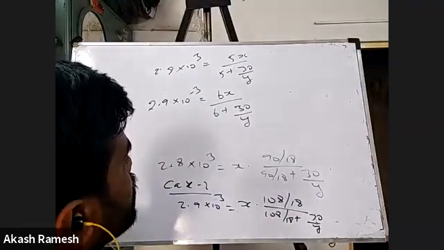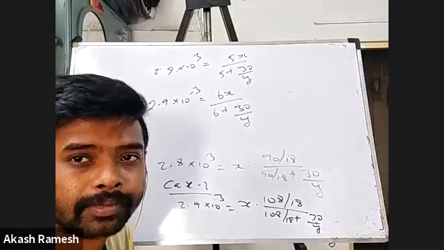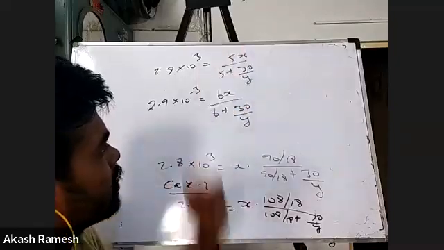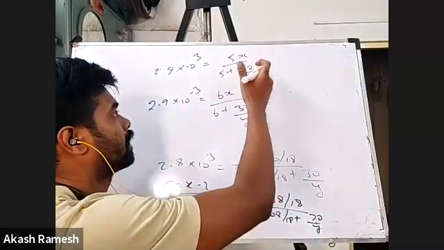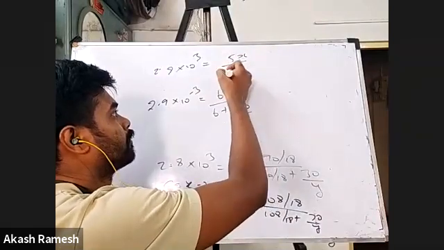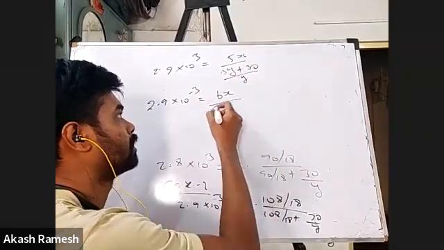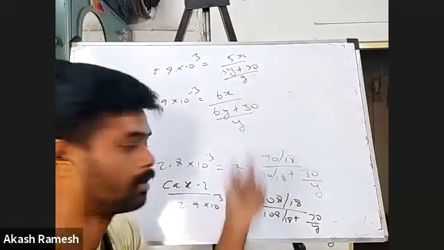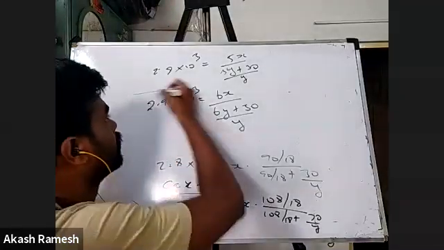So I think we can make it a little easier. Can we divide these two equations? If I divide them, X and X get cancelled. If I rewrite this term alone, it will be 5Y plus 30 divided by Y, and in this case 6Y plus 30 divided by Y. Now I'll divide these two equations.